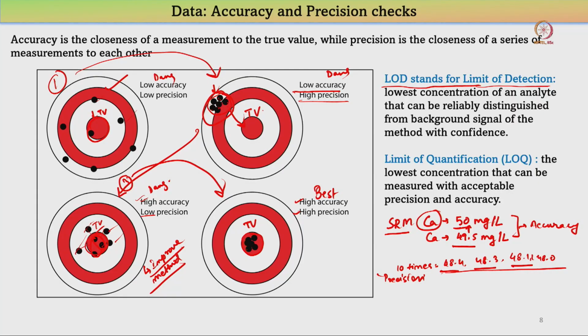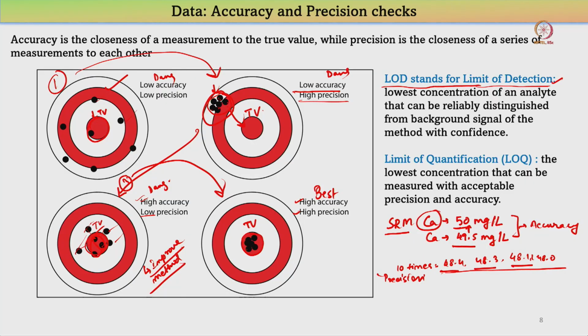That is your background, and the lowest value about which you can be very confident stands as your limit of detection.